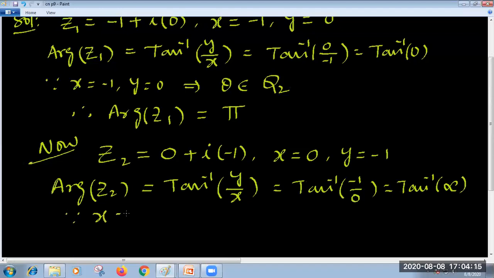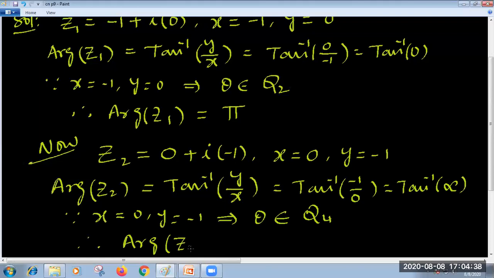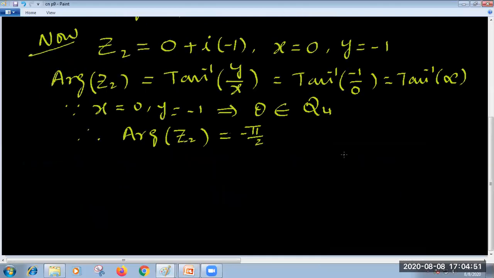Since x value is 0 and y value is minus 1, the angle belongs to the fourth quadrant. So therefore argument of z2 is equal to minus pi by 2. Fourth quadrant angle is minus 90 degrees.